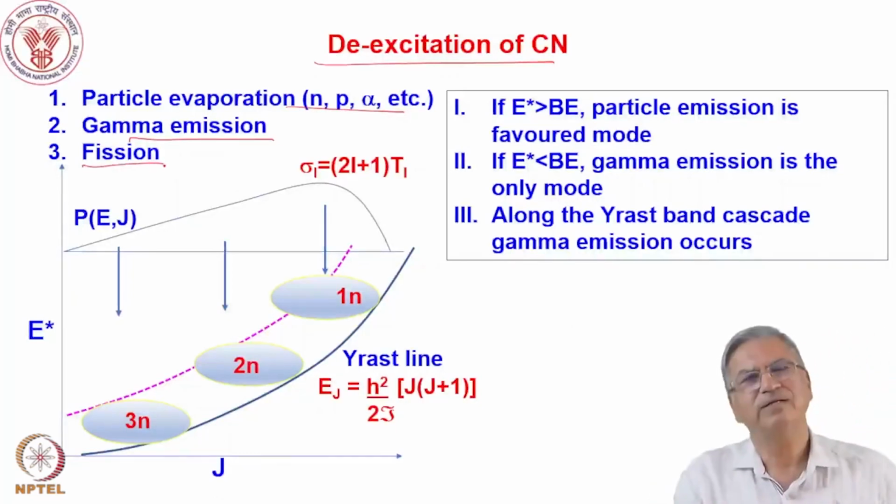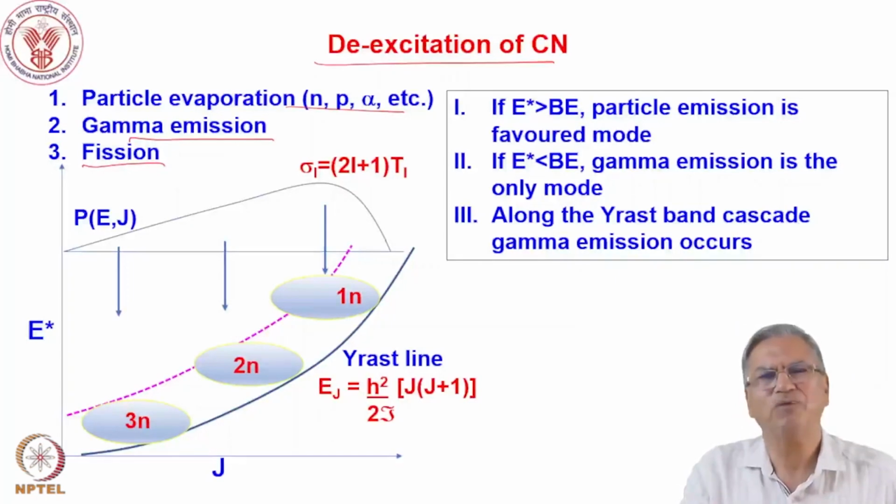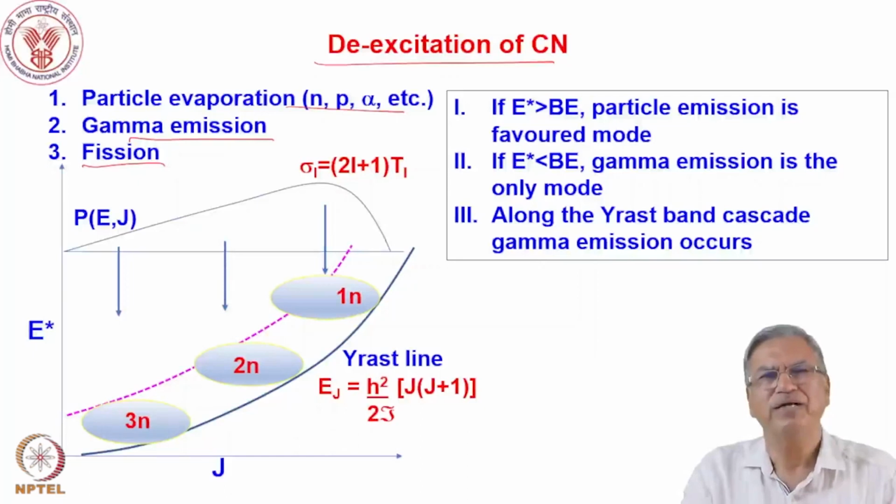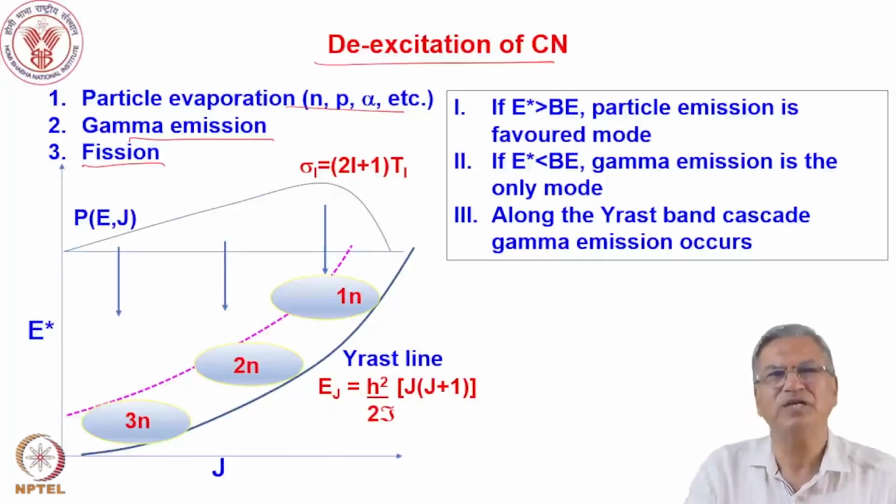There are different probabilities for de-excitation of a compound nucleus, and as I mentioned previously, it depends upon the available channels. Whichever process can carry away a large amount of angular momentum and excitation energy will be more favored.